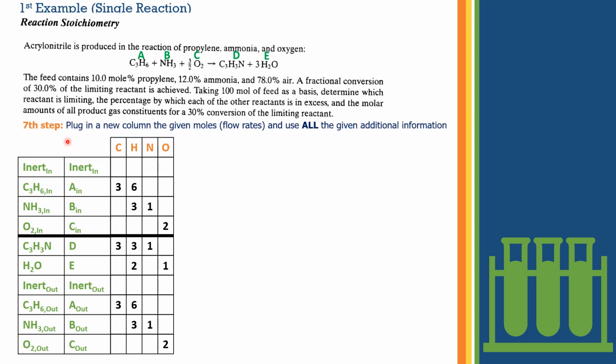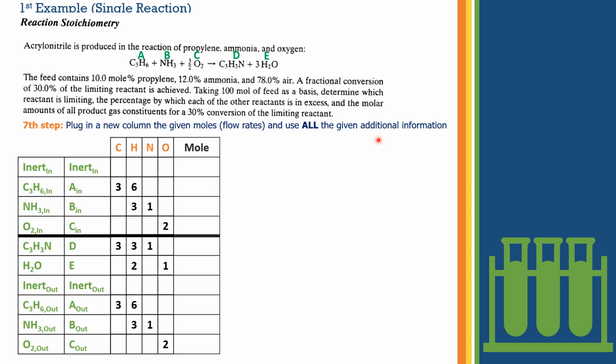The next step is to plug in a new column the given moles or flow rates and use all the given additional information. So we'll add a new column for the moles. It is given that we have 100 mole as basis and 10% of it is propylene. 10% of 100 is 10. Also propylene is A, but we don't have oxygen directly, we have air.